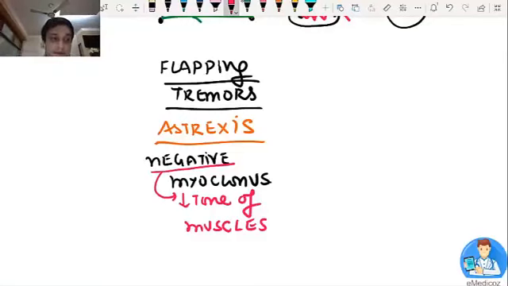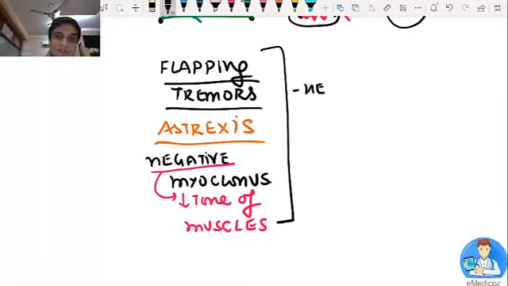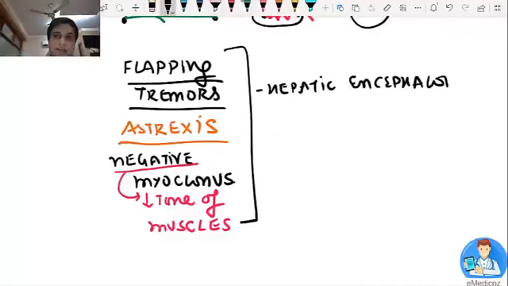Okay. Now we find that a flapping tremor is seen in conditions known as hepatic encephalopathy. So there is a disorder known as hepatic encephalopathy, that is liver failure affecting the brain. Another brother of it is uremic encephalopathy, in which renal failure affects the brain.